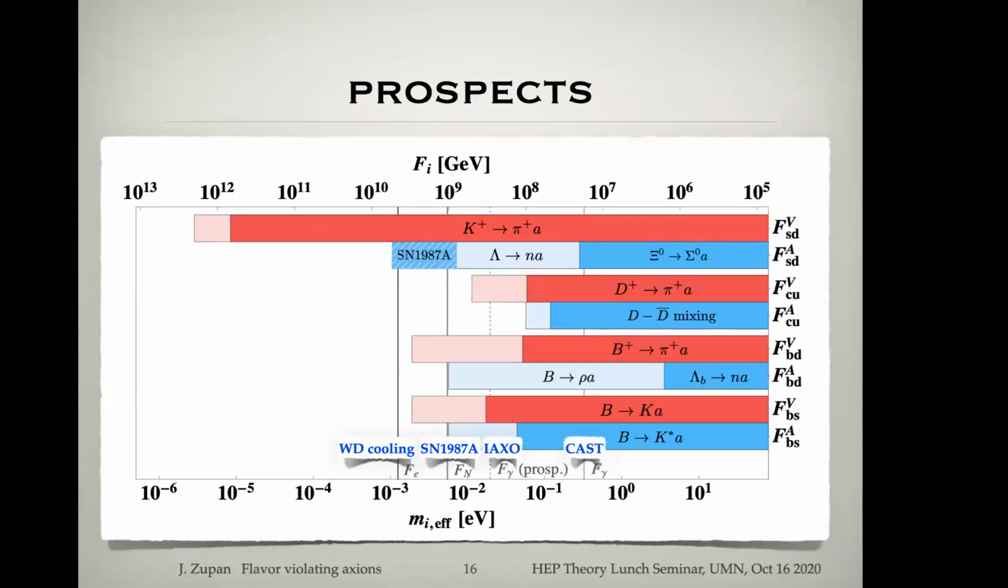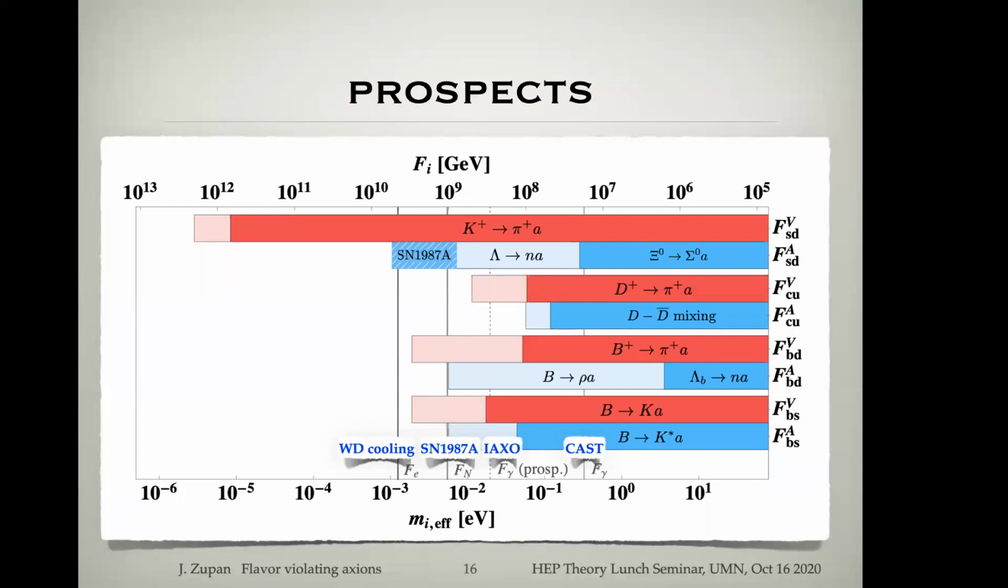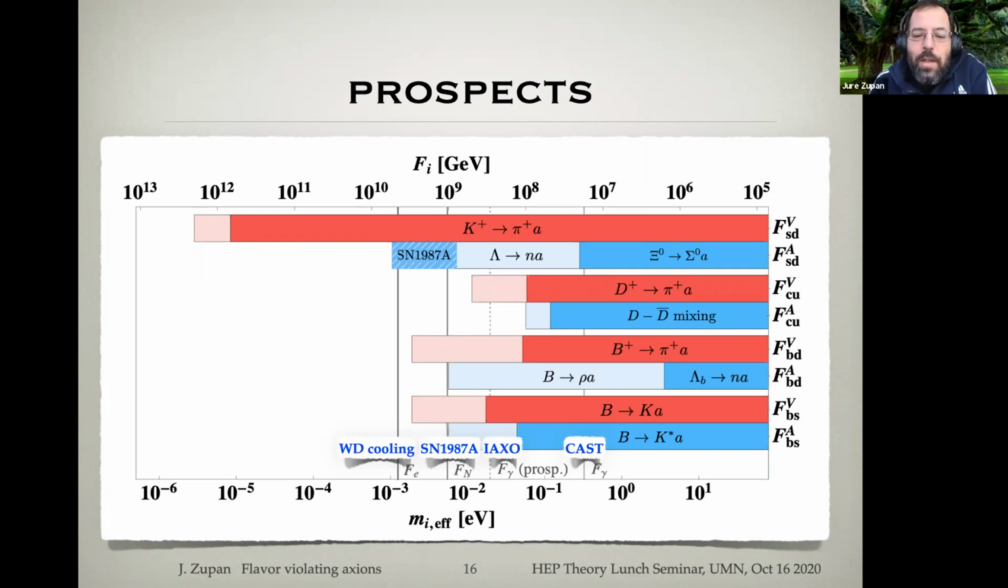Sorry, Jure. What is the underlying assumption in the translation between f_a and those diagonal couplings, the capital F you introduced? Very good. Yes. So here, all these C's everywhere were set to 1. The C's for the diagonal couplings you assume to be 1? Yes, they were set to 1. But for the off-diagonal ones, every C in this plot is set to 1, both diagonal and off-diagonal. Every C_ij, A and V, is set to 1.